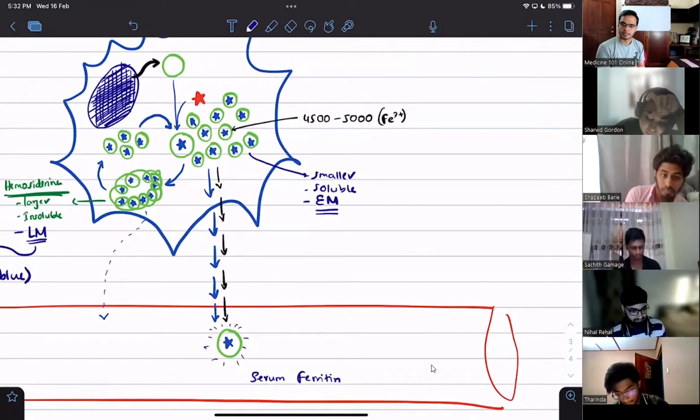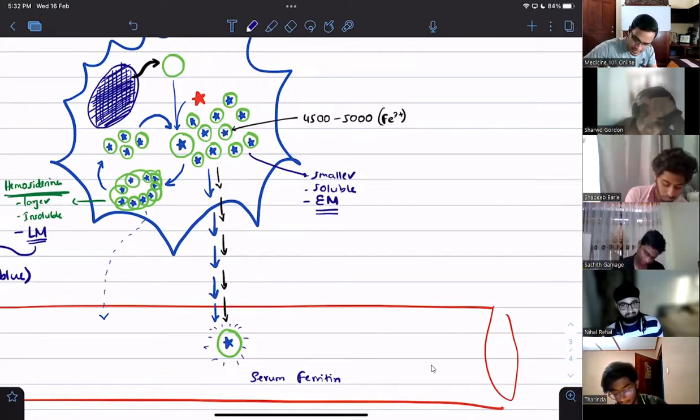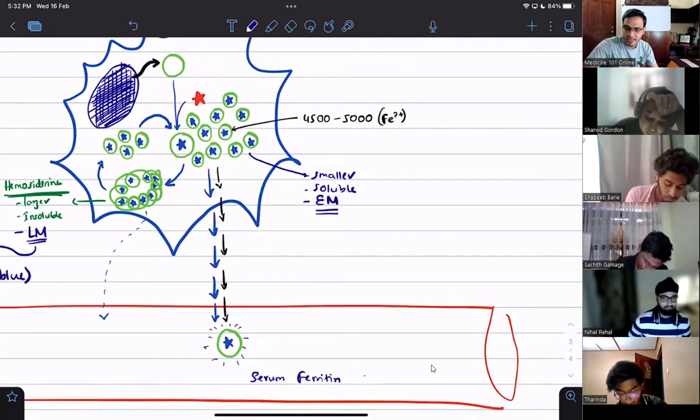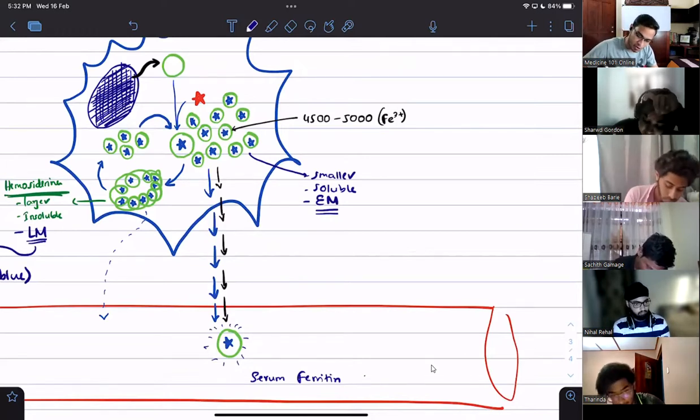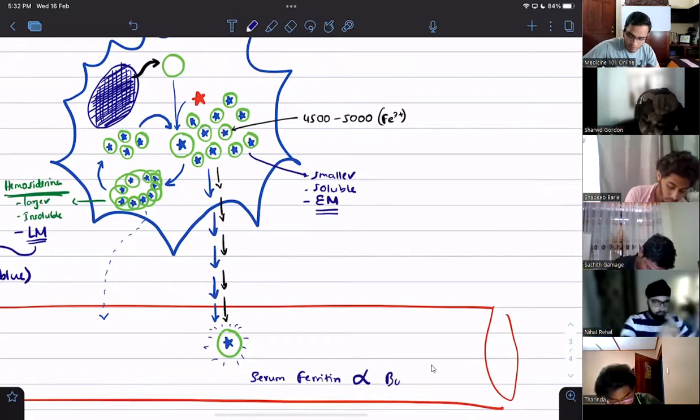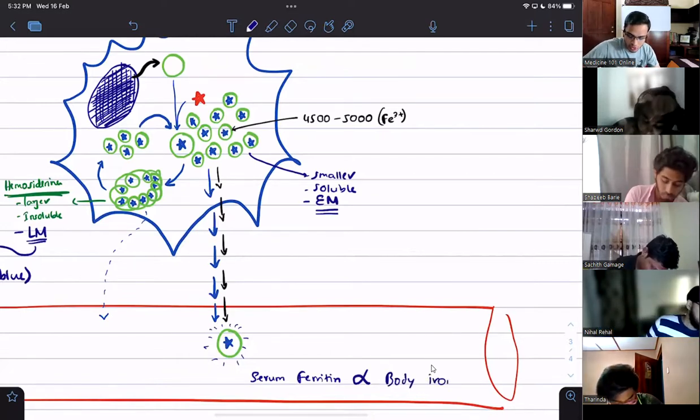Because of this, guys, very important point, listen carefully: serum ferritin is a good indicator, or it's proportional to our body iron stores.